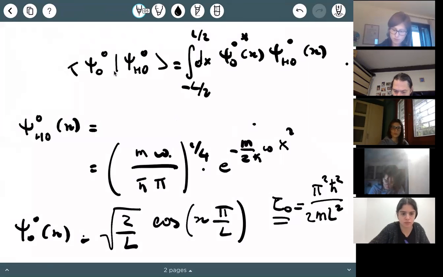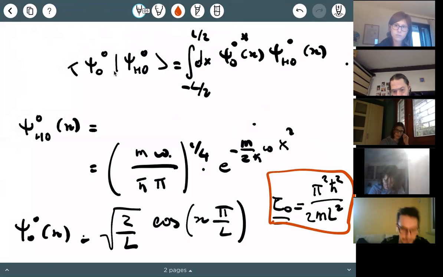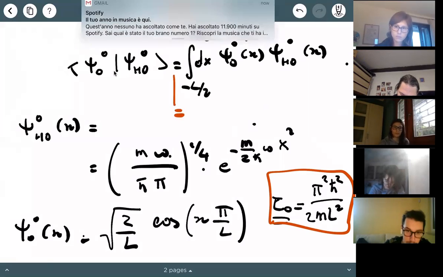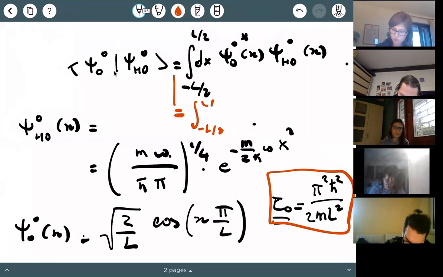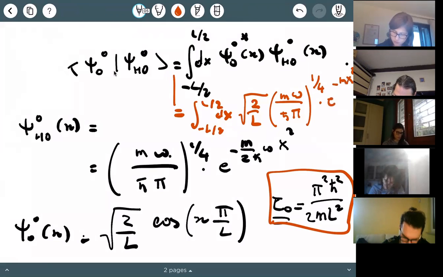So the probability of observing this value of energy, if I make a measurement, is given by, and I'm going to write it in red now, the integral from minus L/2 to L/2 dx of root 2 over L, times (mω over ħπ) to the 1/4, e to the minus m x squared divided by 2ħ, times cosine of xπ over L.